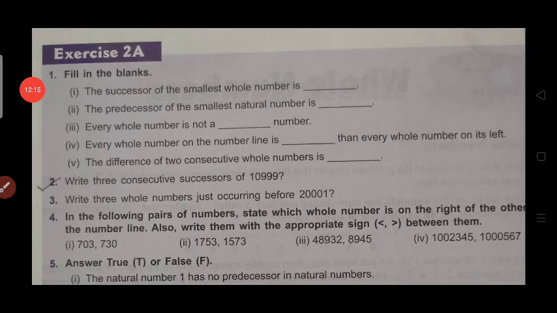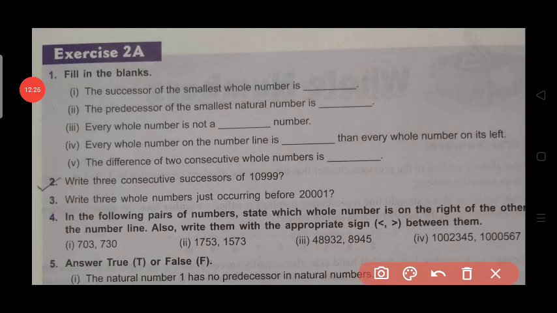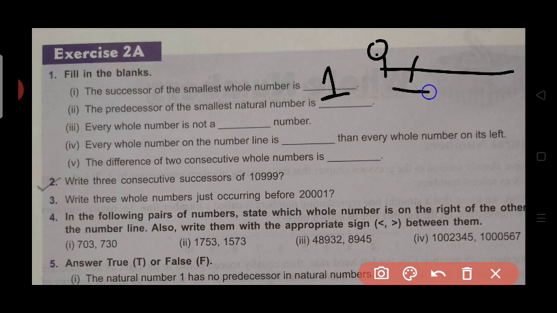Based on the previous explanation, let's solve the exercise. The successor of the smallest whole number is what? Successor of it is 1. Why so? Because on the number line, whole numbers start from 0. So 0 is the smallest whole number and successor of 0 is what? 1.